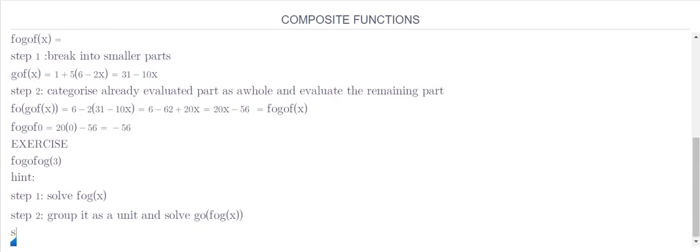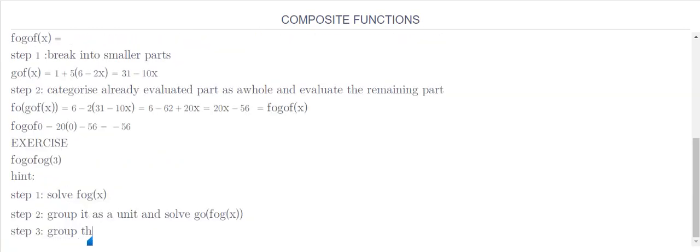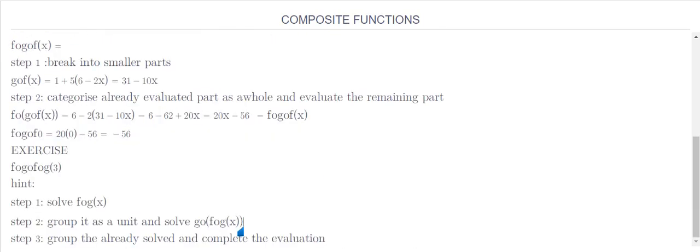And then step 3, which is the last one: group the already solved and complete the evaluation. Now I've said this can be written without the bracket as g of f of g of x.